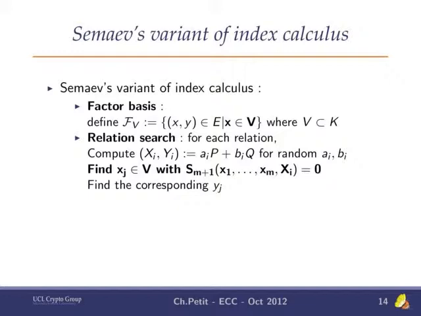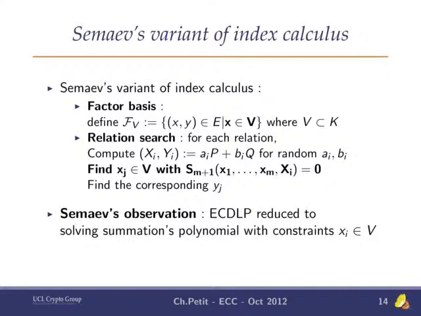By definition of the Semaev polynomial, you will have to solve this polynomial with the additional constraint that all the solutions belong to this set V. Once you have that, you find the corresponding y-coordinates. So Semaev's observation was really that you can reduce ECDLP to solving those polynomials with constraints.